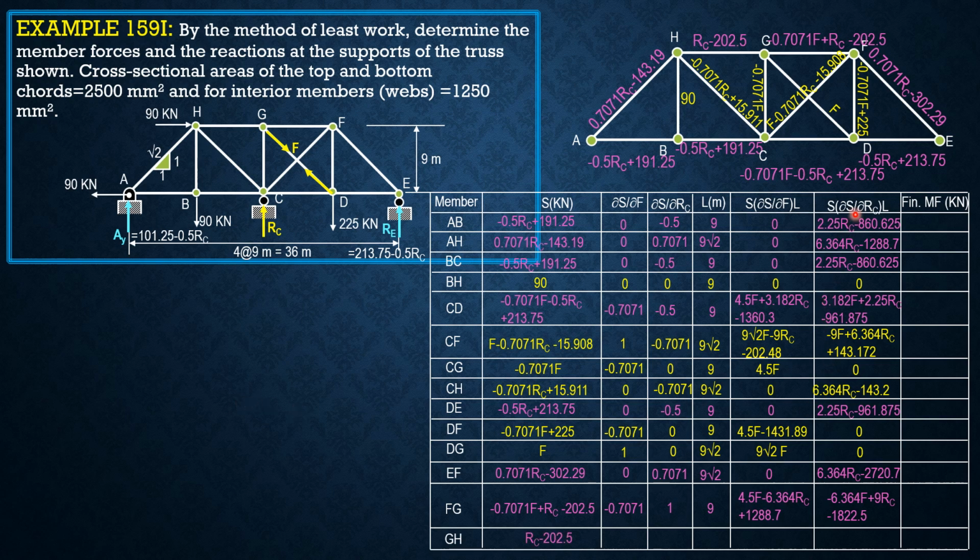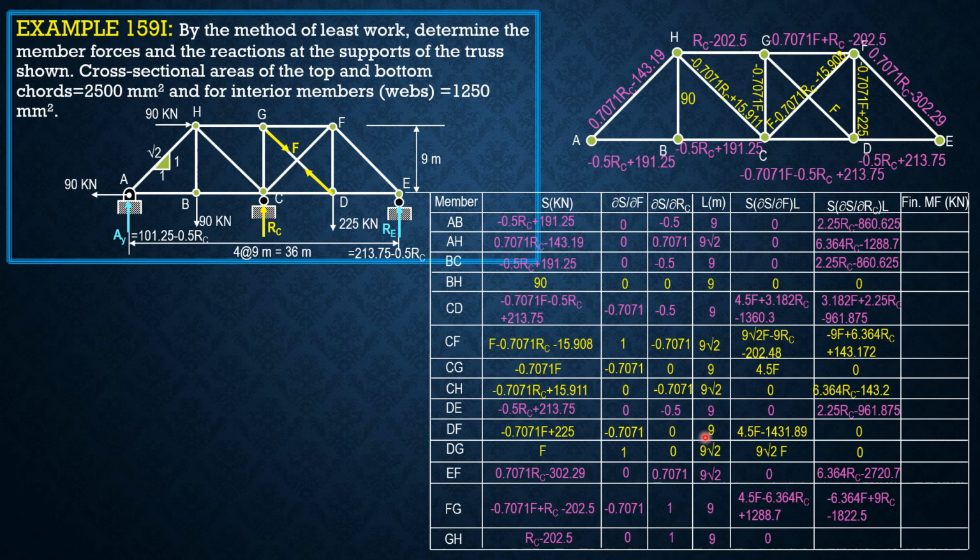Then 0 equals the summation of S, partial of S with respect to RC, times L over AE. For these columns, adding corresponding values for this color, we have negative 3.182F plus 39.728 RC minus 11299.4 times 1000 square over 25E.